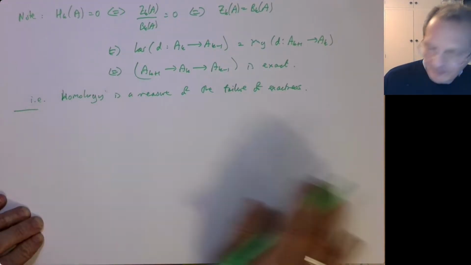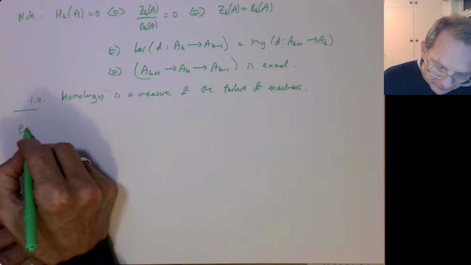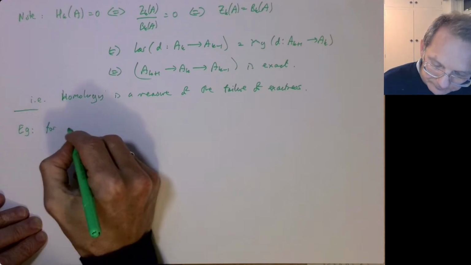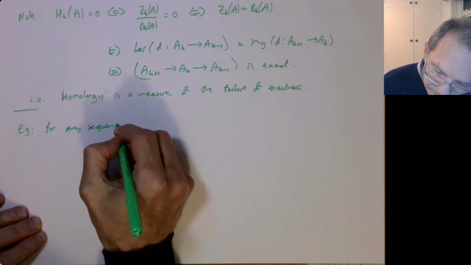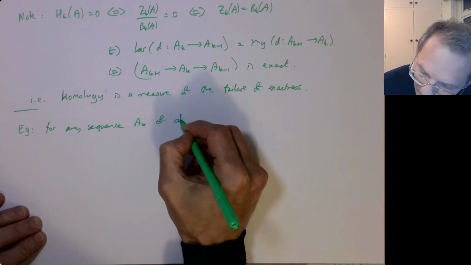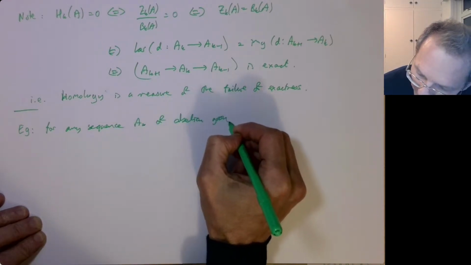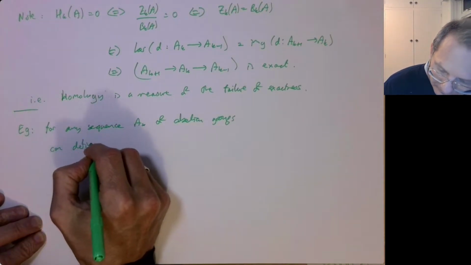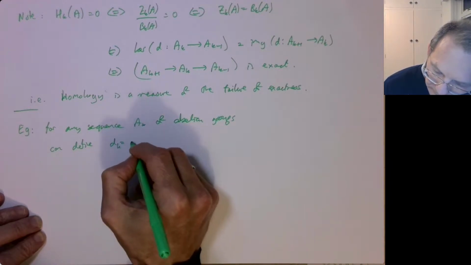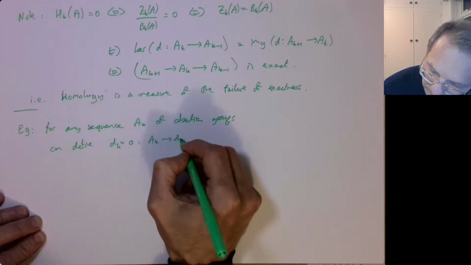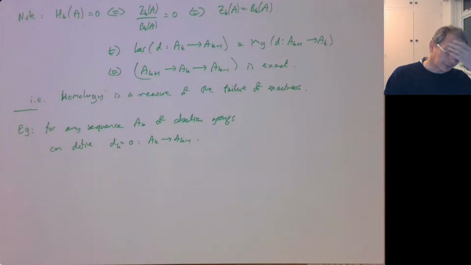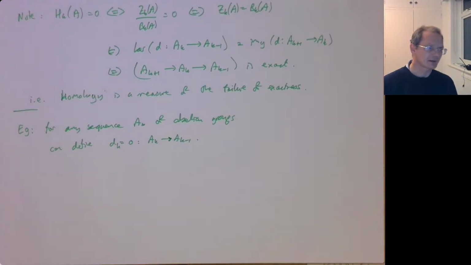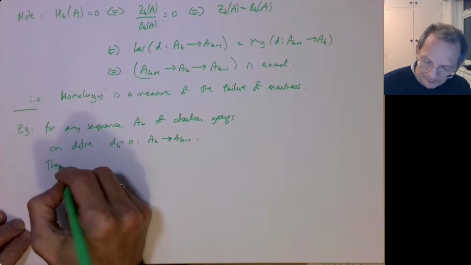Okay, so there are some basic examples of this. So one example: if we've got any sequence of abelian groups A_*, then we can define d to be 0. That's the most trivial kind of chain complex you might think of: any sequence of groups, but you just take the differentials to be the 0 homomorphisms. So then what's the homology?